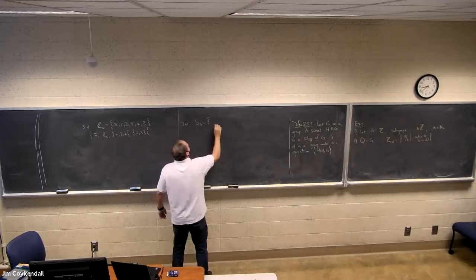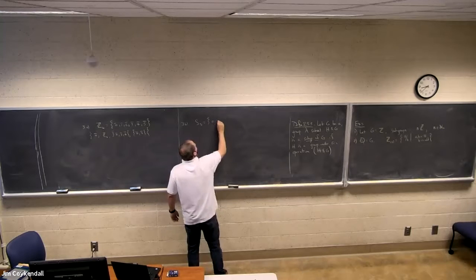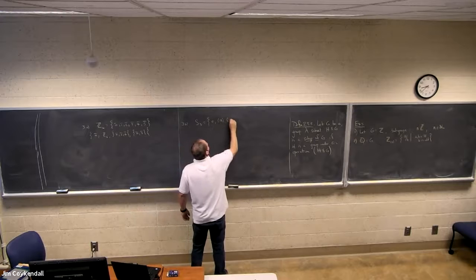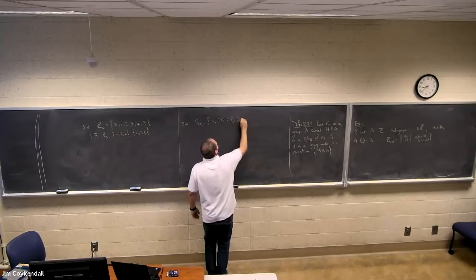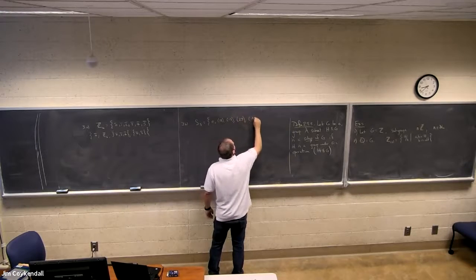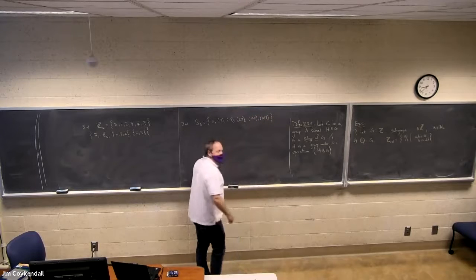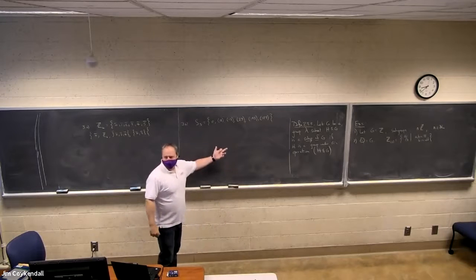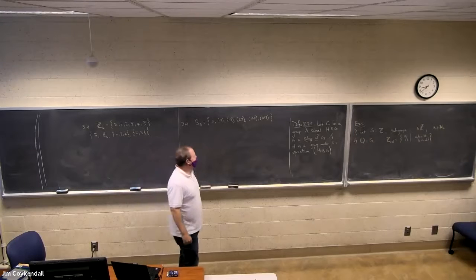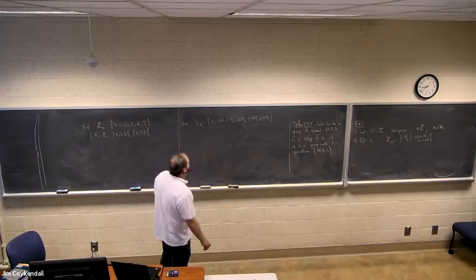Let me write the elements out. Again, there's 6 elements, 6 symmetries of the triangle, or 6 bijections from 1, 2, 3 to itself, whatever you like.